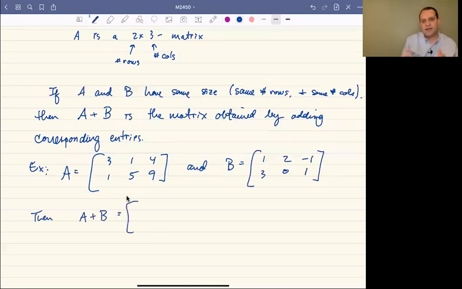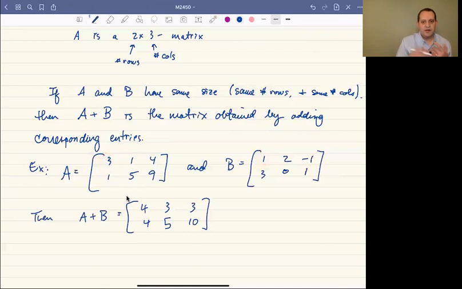It's going to have the same size as the previous ones. And what we're going to do is add the corresponding entries. So we're going to take 3 plus 1, add them up to get 4. 1 plus 2 is 3. 4 plus negative 1 is also 3. 1 plus 3 is 4. 5 plus 0 is 5. 9 plus 1 is 10. So that's the matrix A plus B.